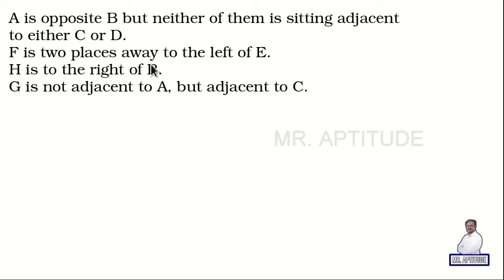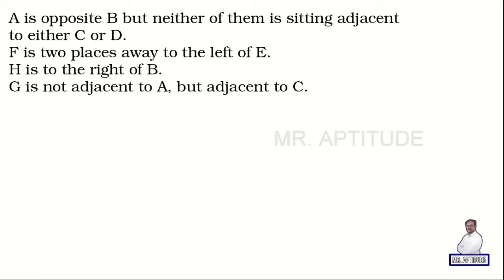Here, I want you to remember that when you are given a condition saying that F is 2 places away to the left of E, it means that there should be exactly one person sitting between F and E. When it's 2 places away, only one place should be left between F and E. When you are given a condition saying that A is 5 places away to the right of B, as it's 5 places away, there should be a gap of 4 places between A and B.